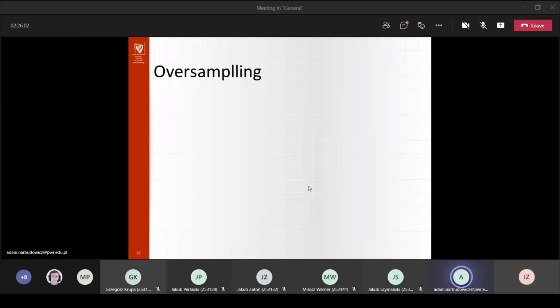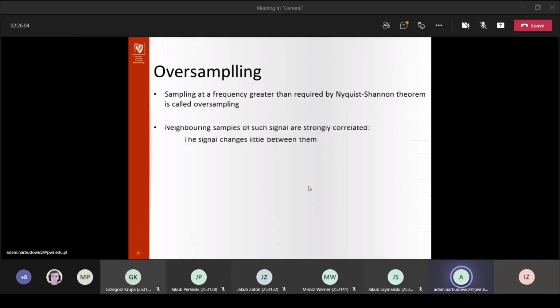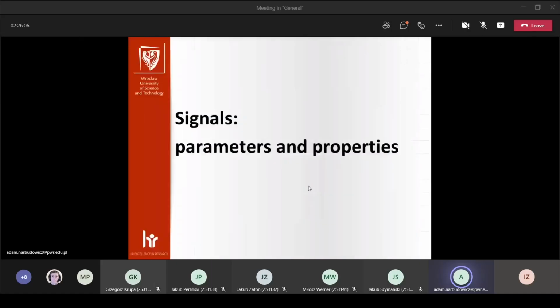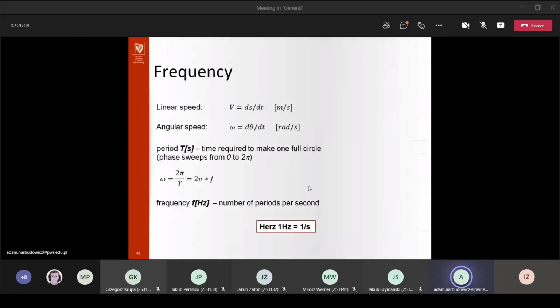Okay, so here actually comes the part about the signals. I should maybe do this before starting about the Sony, but basically this is considered to be a repetition of some basic signals theory.